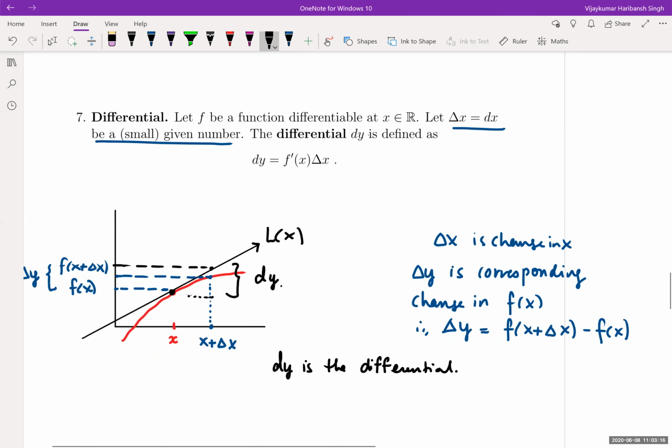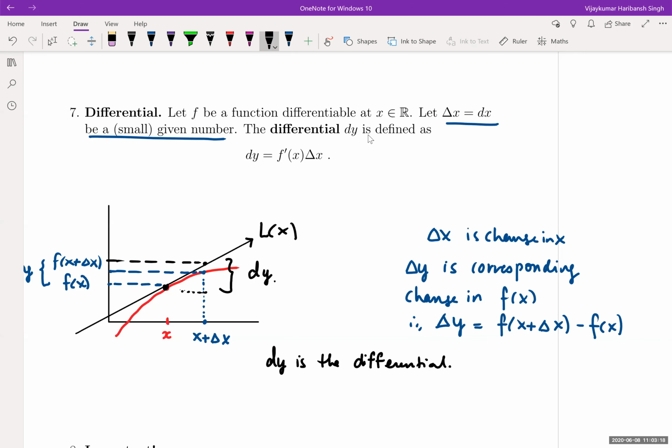Now, how do we find this differential? So note that this part is your delta x, and this part is your dy. So what is the slope of this? So dy over delta x is equal to the slope of the tangent line, which is going to be f prime of x, right?